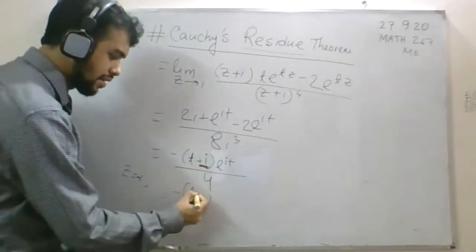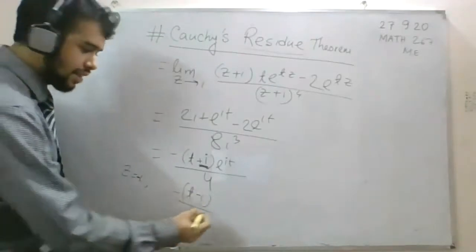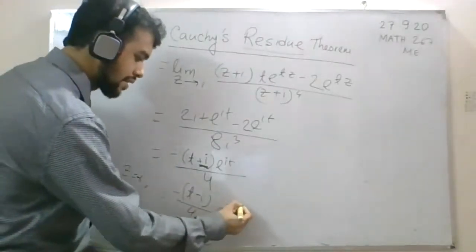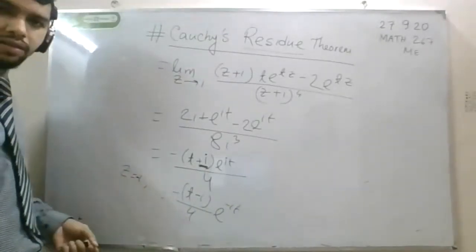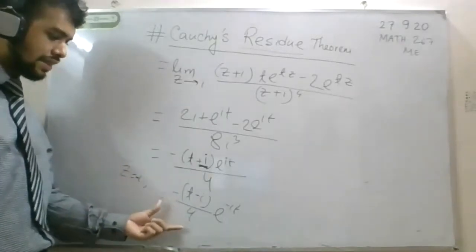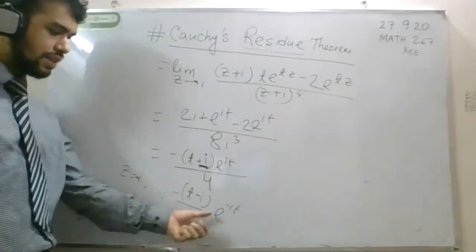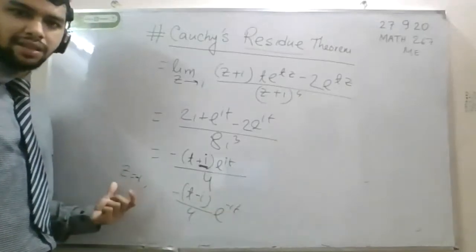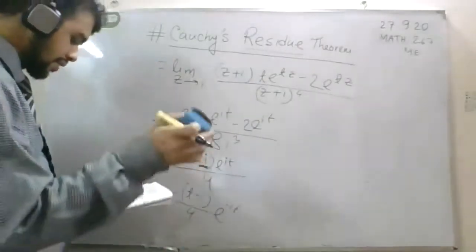That means it will change to minus i, and also this is minus it. So this is the result for z equals to minus i. That is, z tends to minus i, by the derivative formula you can get the result, which is minus (t minus i) divided by 4 e to the power minus it. Similarly you can write and show these things.